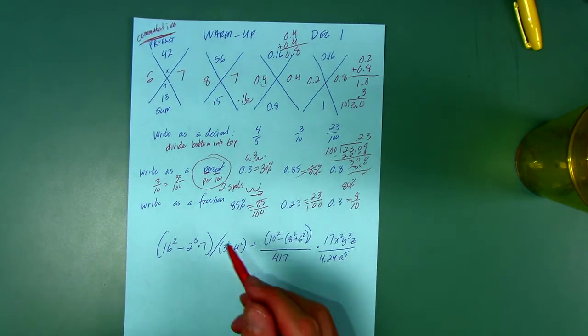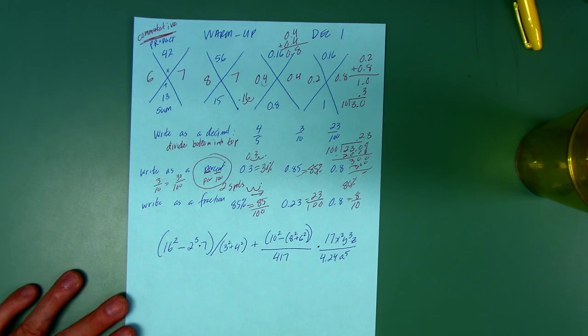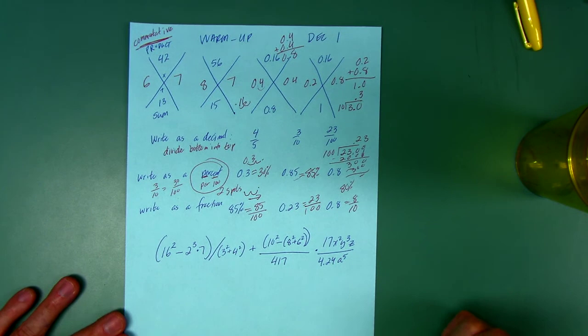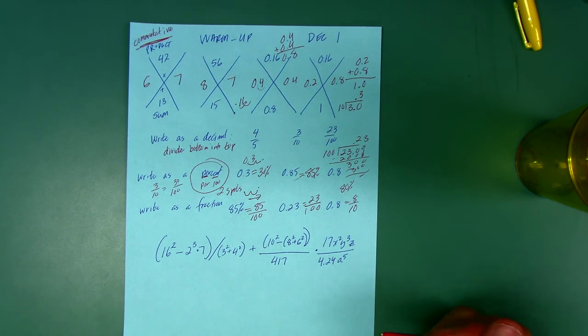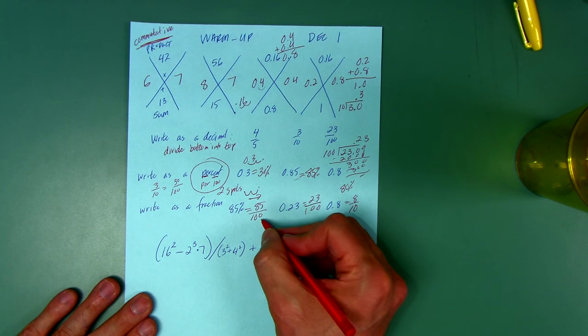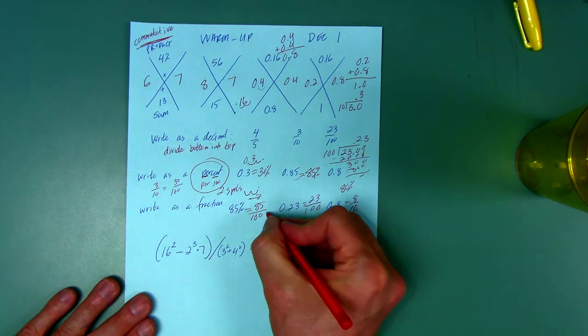The only thing that you want to do when you get your answer as a fraction is sometimes simplify. What does that mean? Well, if you know a number goes into the top and the bottom, then divide the top and the bottom by that number. Here I know 5 goes into 85 and 5 goes into 100, right? So how many 5's equal 85?